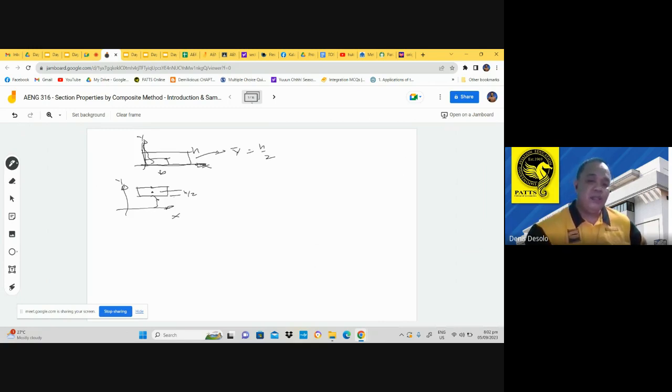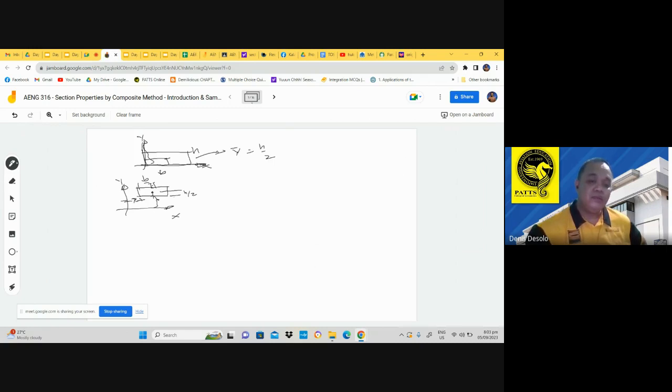Same thing with the horizontal centroid. This is our x bar, and we know that this is one half of the base. So when you are asked for the position of the centroid of this rectangular cross section from the y-axis, after you apply the formula for the centroid of the rectangle towards its base or its sides, we need to add how far this is.